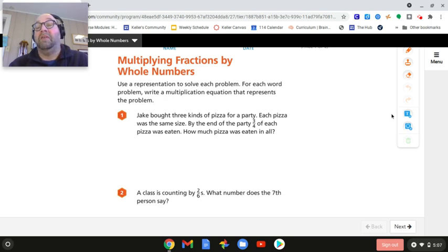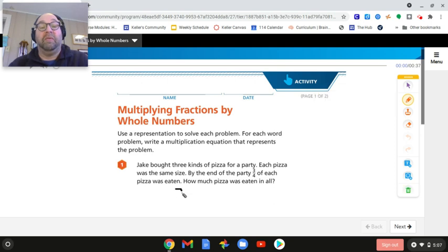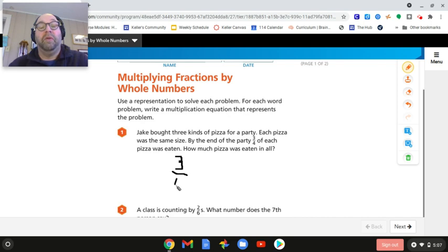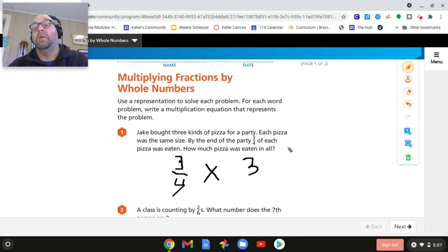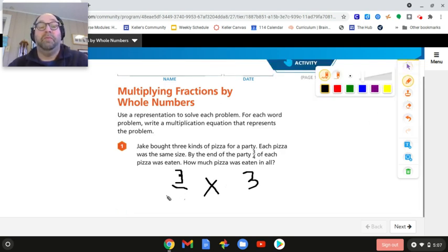So we had 3 pizzas, right? And 3/4 was eaten. So let's say 3/4. Now we're going to skip count by 3/4. So if we do 3/4, let me scroll down a little bit, and there were 3 pizzas, right? Times 3. Let me fix that. Okay, so 3/4 times 3, right?